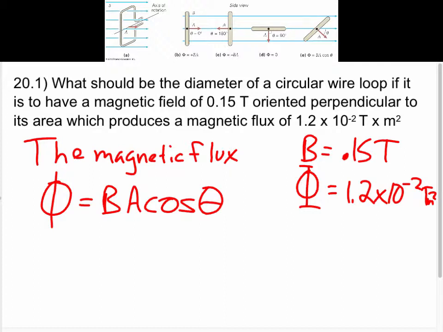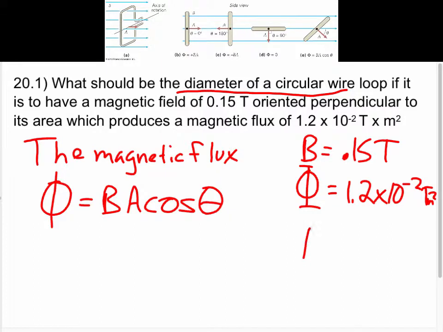And then they want to know the area, right? Is that the question? The diameter. Yeah. So it says what should be the diameter of the circular wire. Now here's the weird thing.